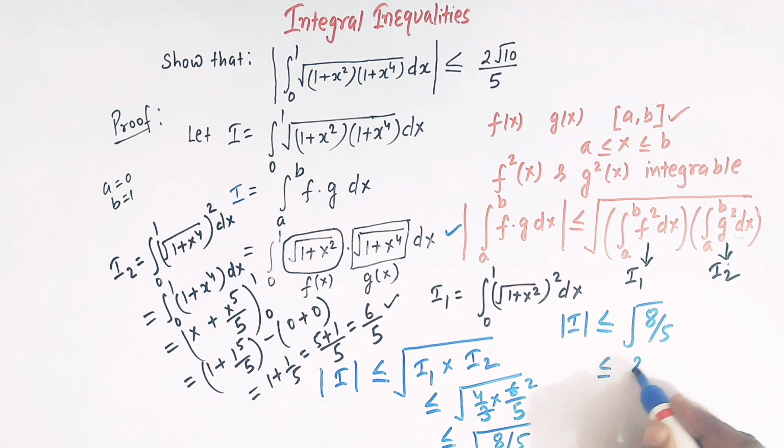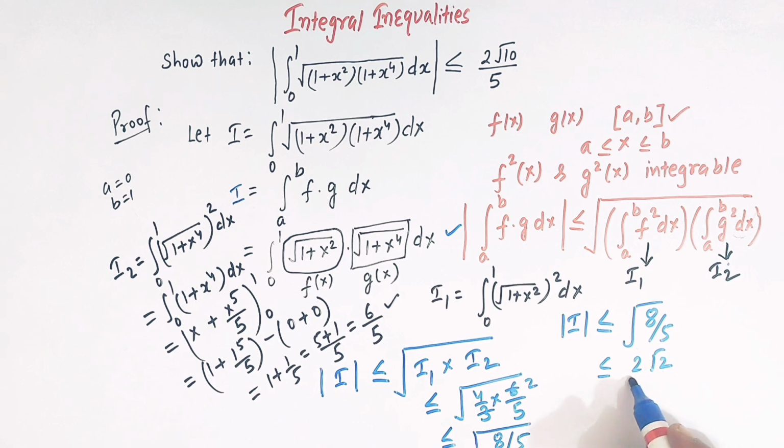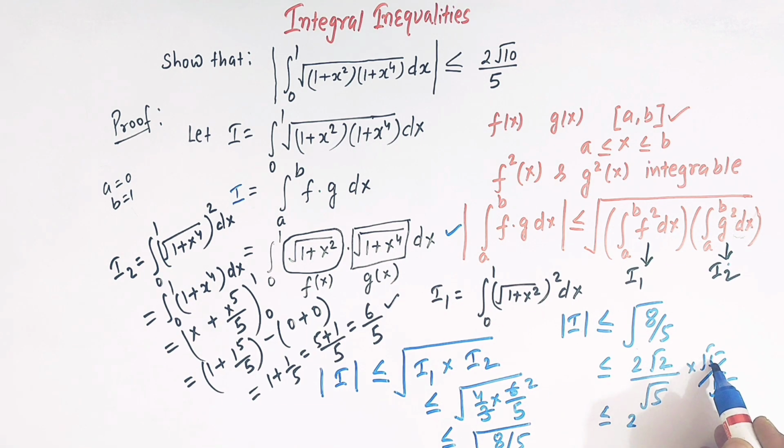The square root of 8 is 2 times the square root of 2, divided by the square root of 5, and we can rationalize it. So we have here the square root of 5 over the square root of 5. So this is 2 times, 2 fives are 10, so this is the square root of 10 over 5.